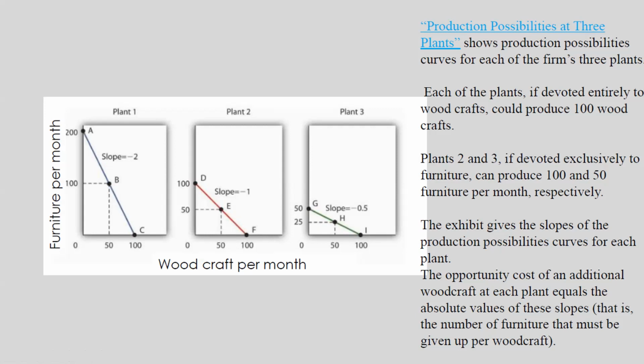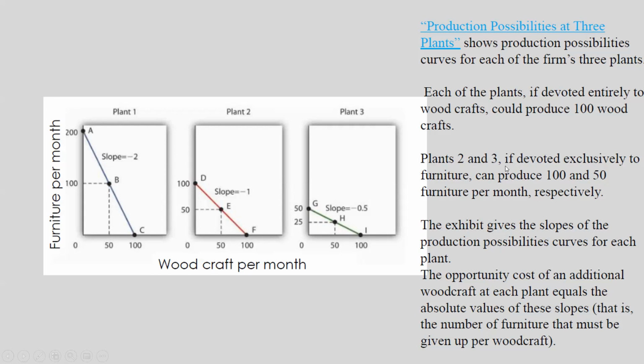So let's say if we devoted entirely to woodcraft, using all three plants, we'll be able to produce 100 woodcrafts from the first plant, 100 from the second plant, as well as 100 from the third plant.